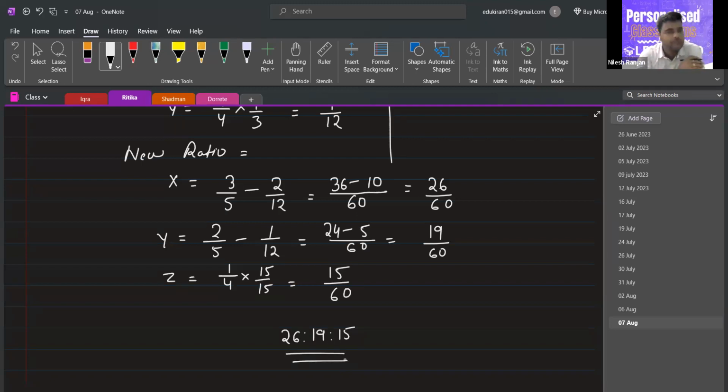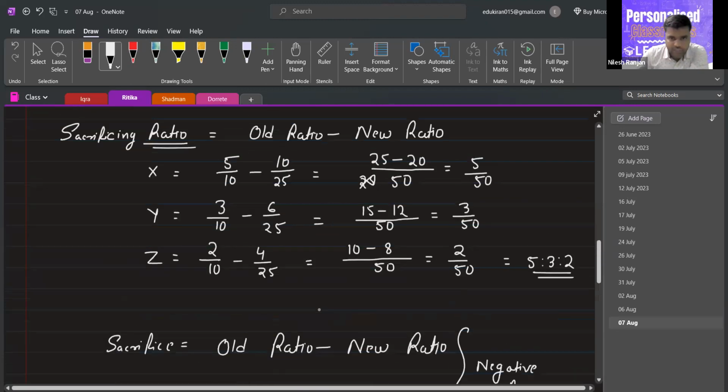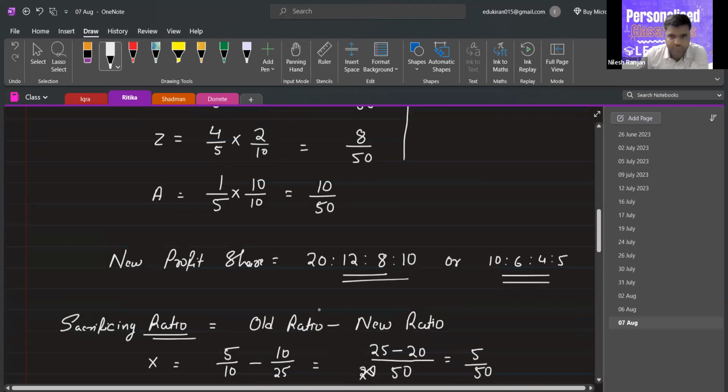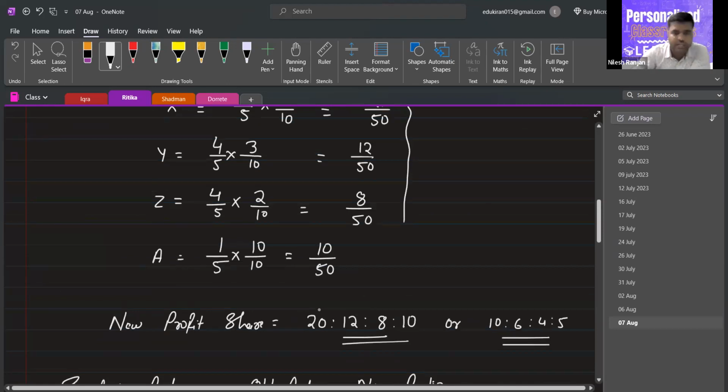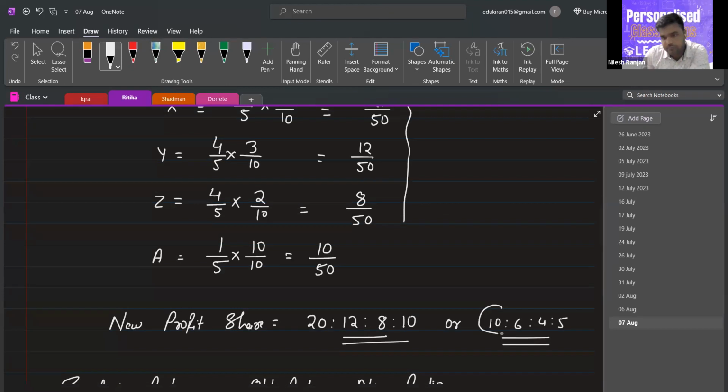Is this clear? Yes, sir. Okay. Actually, there is one more thing that I want to tell you. I told you that if we see the new ratio of old partners, it will be in the same ratio as their old one. 10, 6, 4. If we break this, it will be 5:3:2. Yes or no?